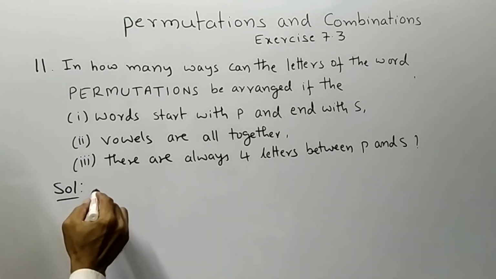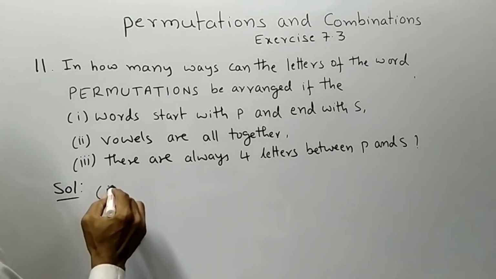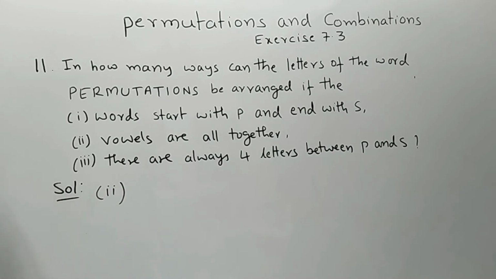Coming to second one, how many vowels are there? 5 vowels are there. If you consider these 5 vowels as one letter, then you will get 8 letters with 2 T's.